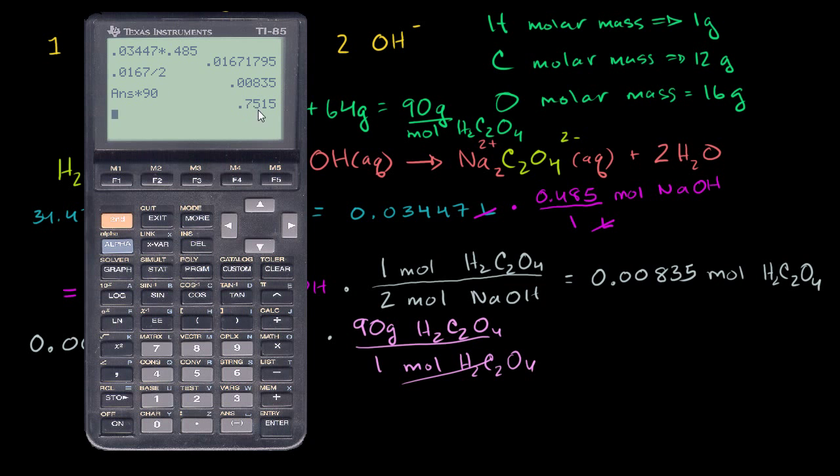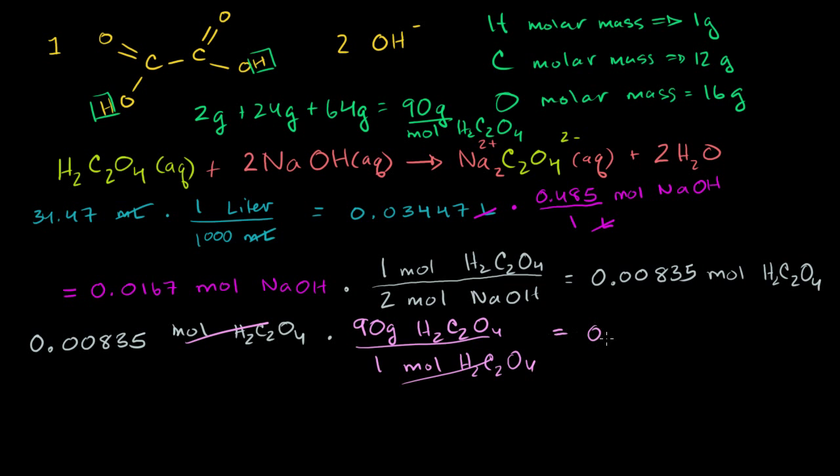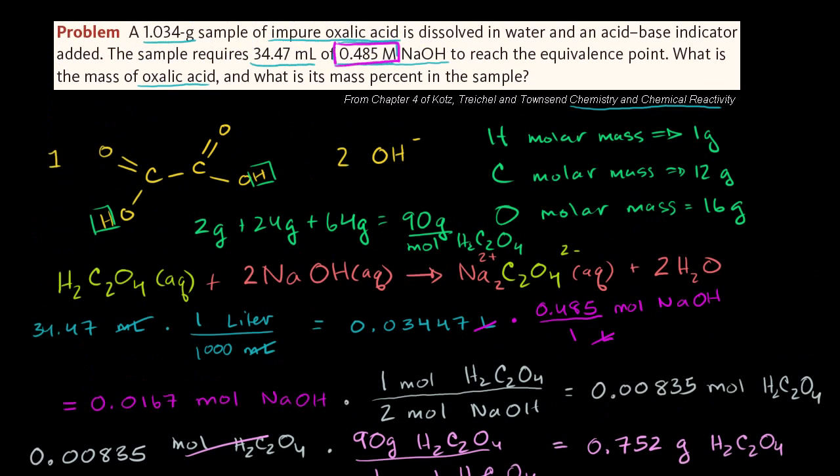So we get 0.752, rounding to 3 significant digits. So this is equal to 0.752 grams of oxalic acid, H2C2O4. And I think we've answered part of the question.